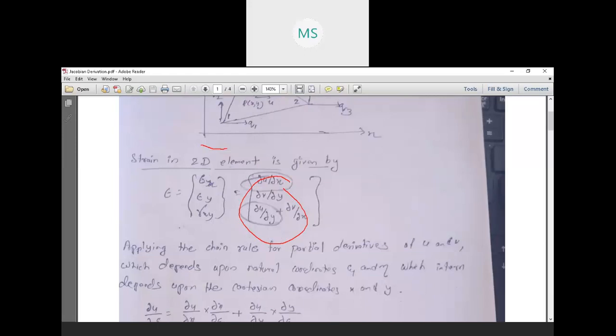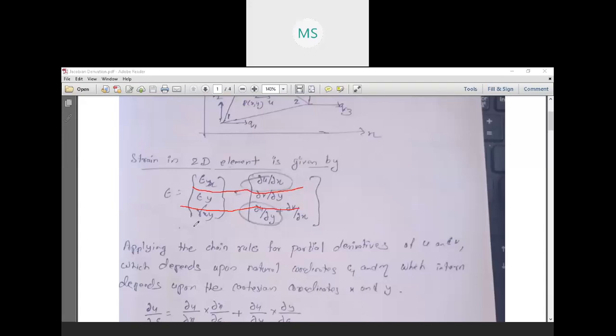So what will be its value? When we talk about the strain in x direction, then it will be del u by del x. Agree with me? So if we find the del u by del x value, we'll get the epsilon x value. If you want to find the epsilon y value, then del v by del y, if you find, you will get the value of epsilon y.